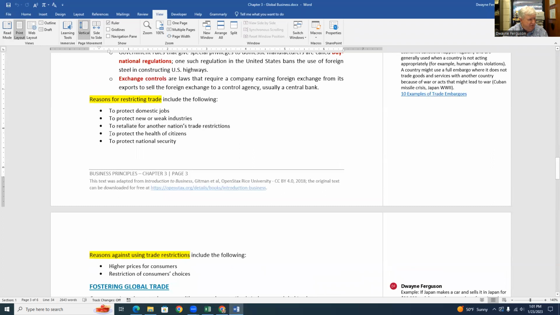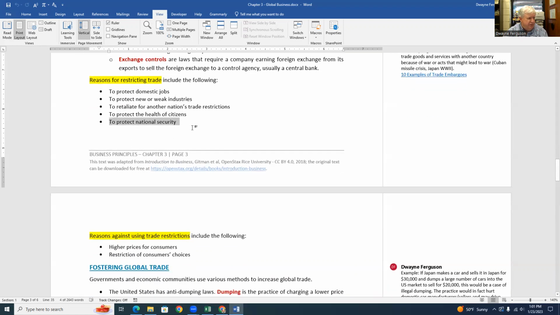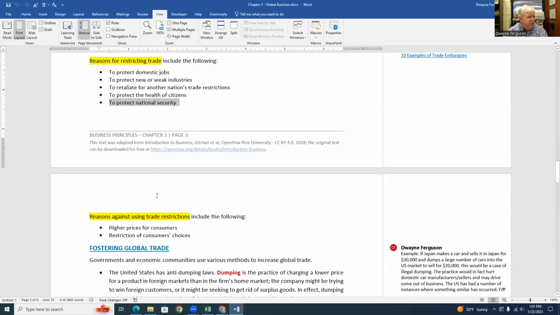But here's one that just makes sense. Why do we have restrictions on animals or food coming into this country? It's to protect our health. And then, of course, some things that come in have to be regulated to protect our national security. So electronics, for example.